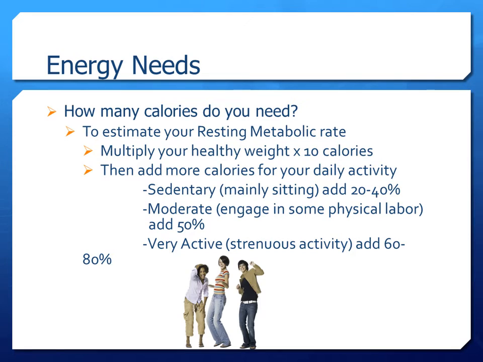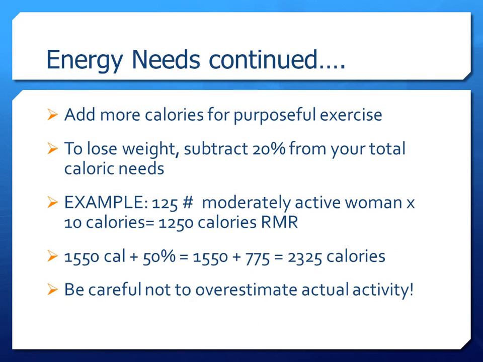After estimating the number of calories you need for a normal day's activity, you will need to add more calories for any purposeful exercise. If, on the other hand, you want to lose weight, you would then need to subtract 20% from your total caloric needs.